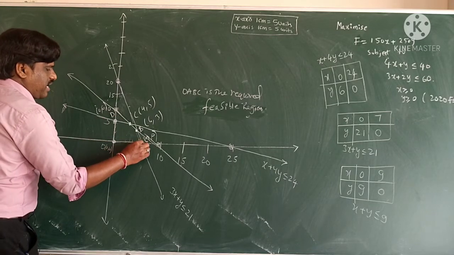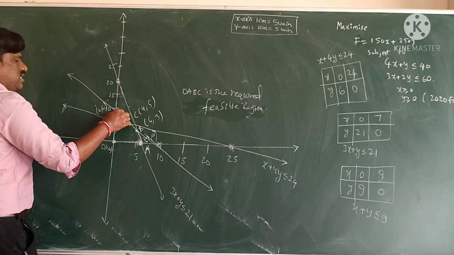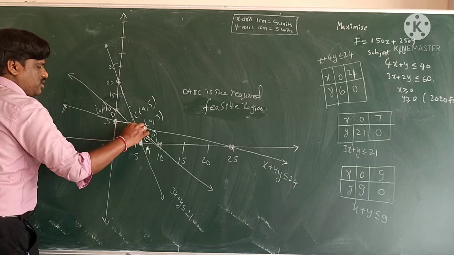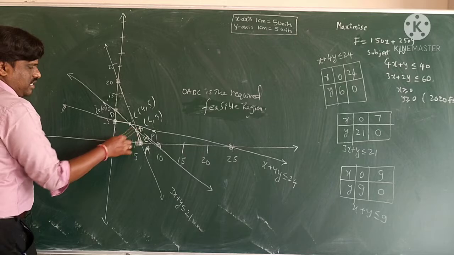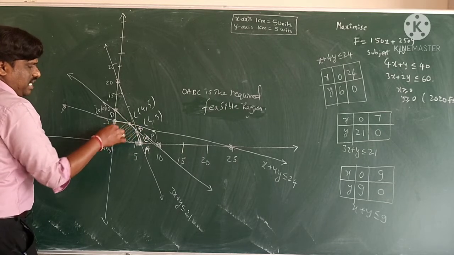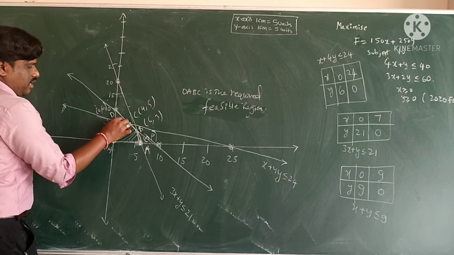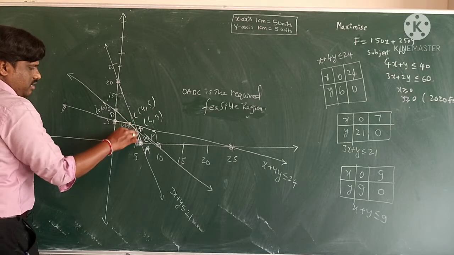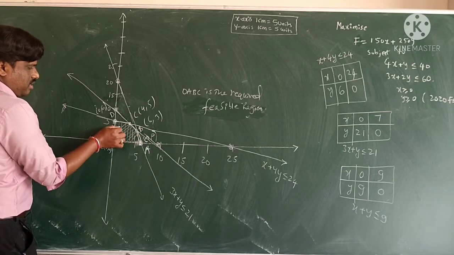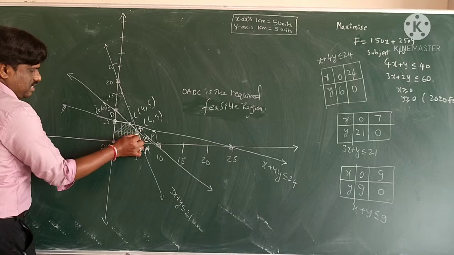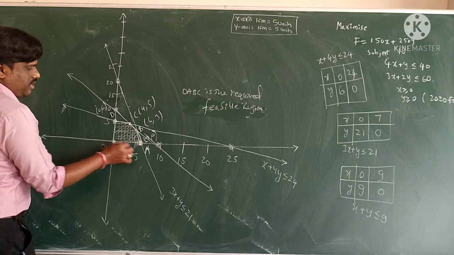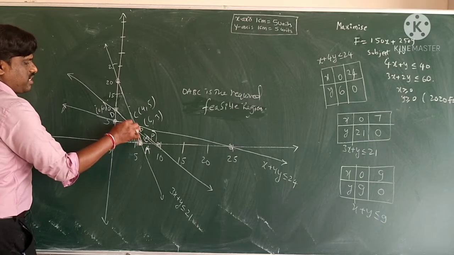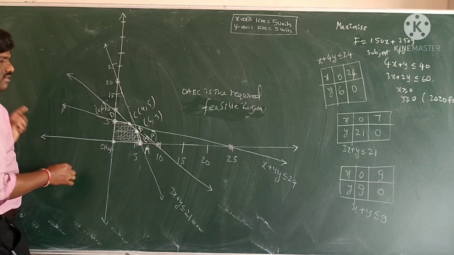This is the place where all the points will touch. This is the solution region you will get. The reason is, these lines are this side, these lines are this side, so this gap will be there. These lines are downside, and one more line, these lines are this side. So this is the feasible region which is required.